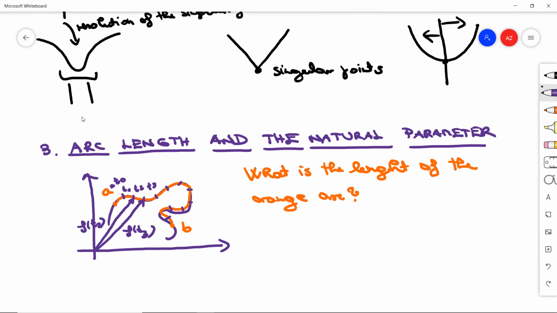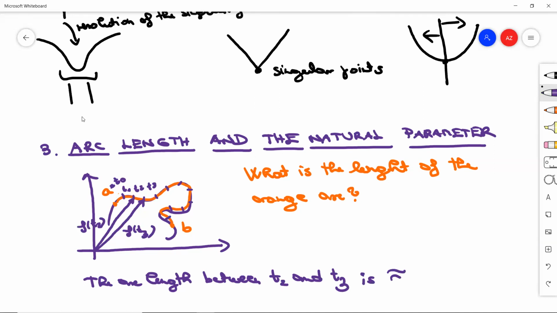And we know how to compute the length of this. We approximate the arc length between t2 and t3. The arc length between t2 and t3 is approximately the norm of the vector f of t3 minus f of t2.